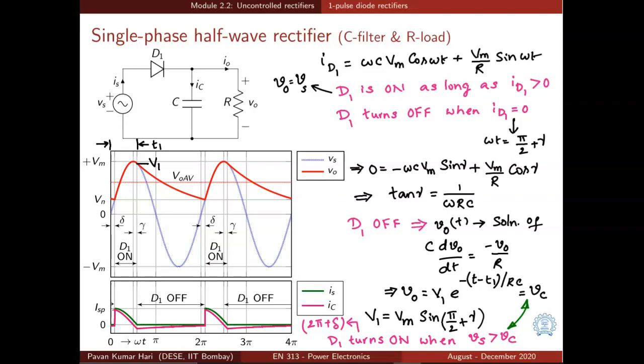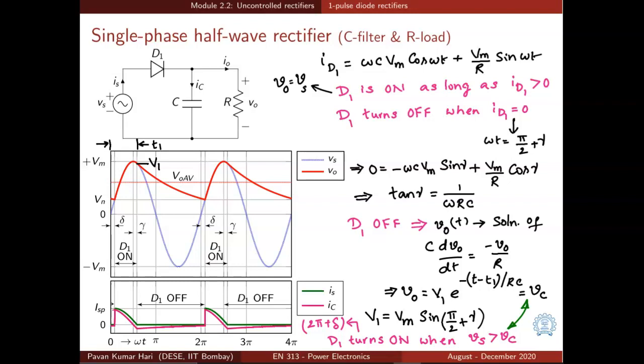And let us assume that diode turn off happens at omega t equal to pi by 2 plus gamma. It actually happens just after the peak of input voltage. The peak of input voltage occurs at pi by 2, so let us assume that it happens at pi by 2 plus gamma. So how do we get the value of gamma?